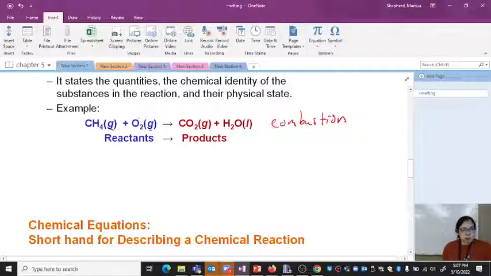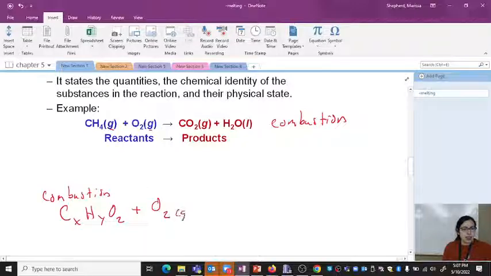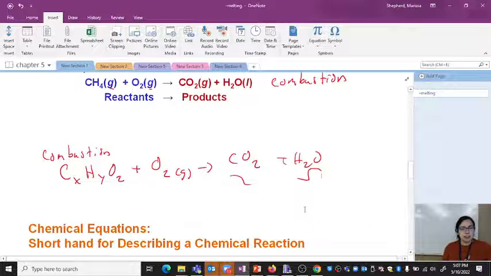You can always tell it's a combustion since you have some sort of organic compound, so carbon, hydrogen, and sometimes oxygen. Then it reacts with O2 in the atmosphere. The products of a combustion are always carbon dioxide and water. If you see those two products, that's usually a good indication.